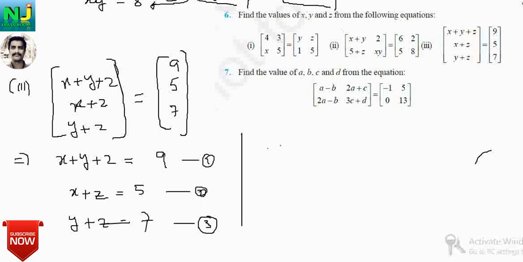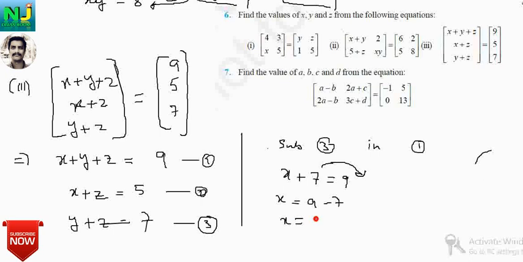So x plus 7 is equal to 9, so x is equal to 9 minus 7, which is 2. So x is equal to 2.